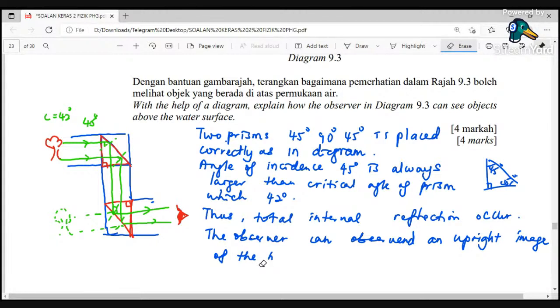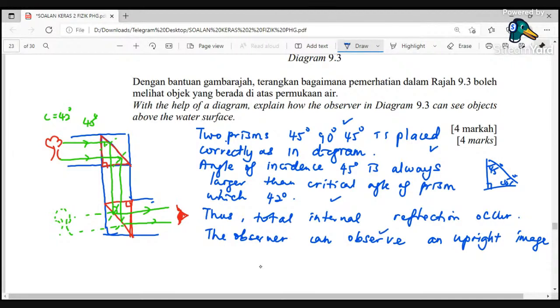The observer can see the image. So the observer can observe an upright image. Okay, so you can see the prism arrangement is correct, the angle is larger than the critical angle, so total internal reflection.